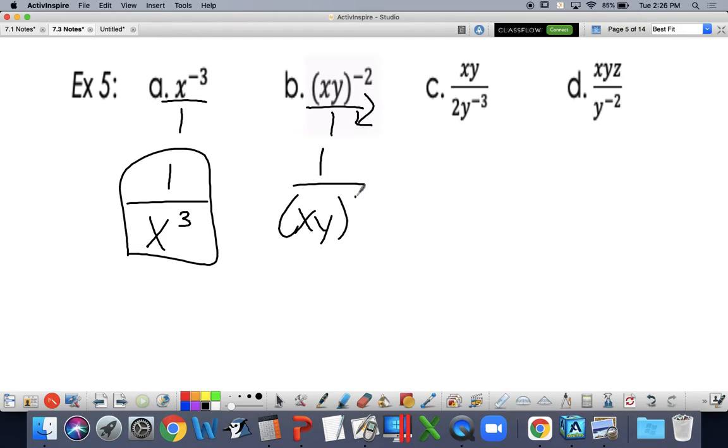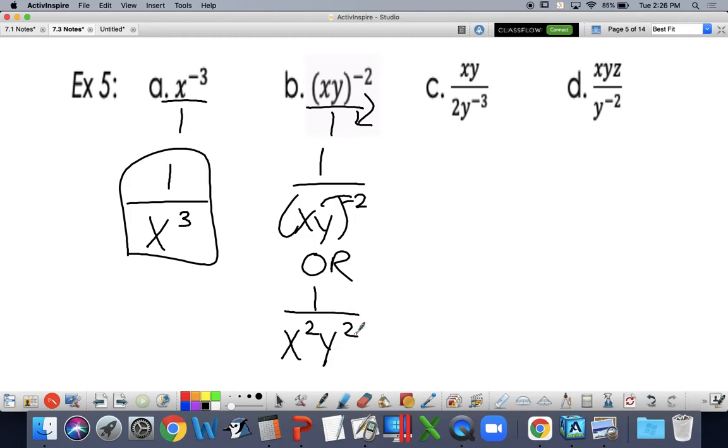I have xy squared, and we have to make sure we know our rules to be able to see which answer choice is the correct one. I could write it as 1 over x squared y squared. Both of those mean the same thing. It just depends on the problem that you're working with, what they're going to expand it out as.